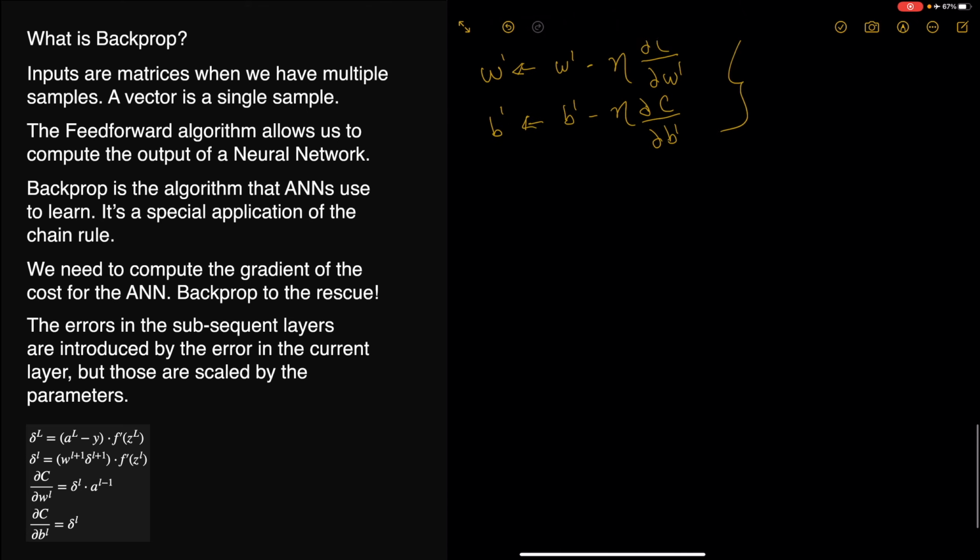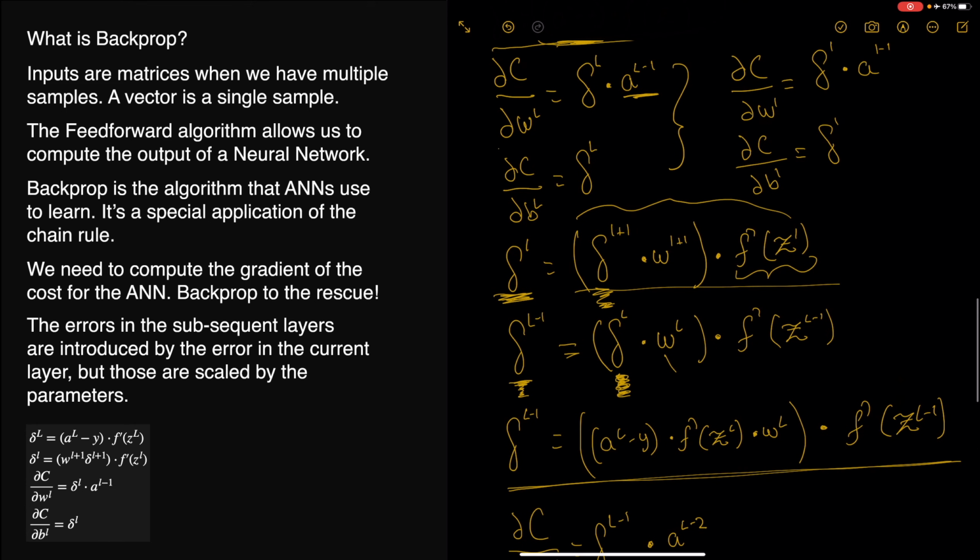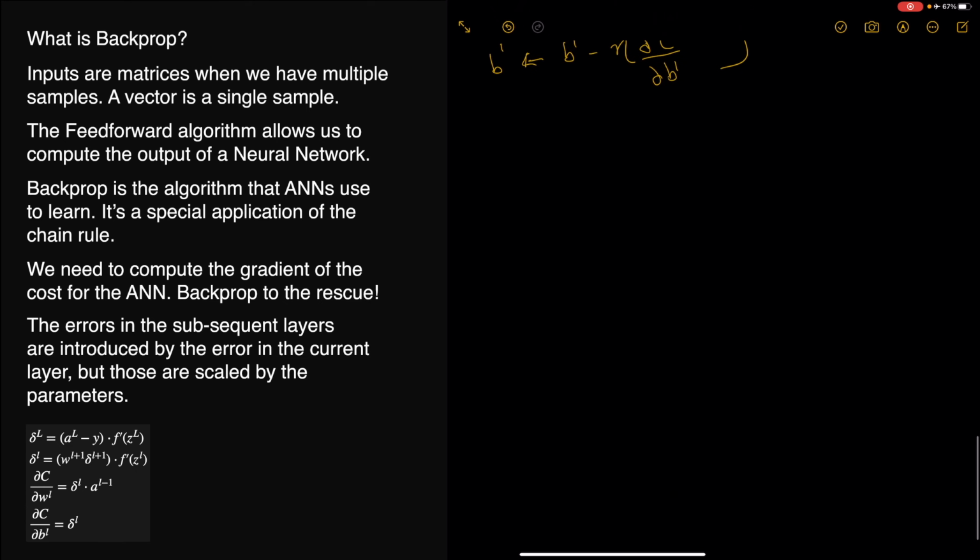All right, so now there is one last thing. So we have been just saying times. In reality, the error at any given layer is defined as the weights transposed times the error at the next layer.